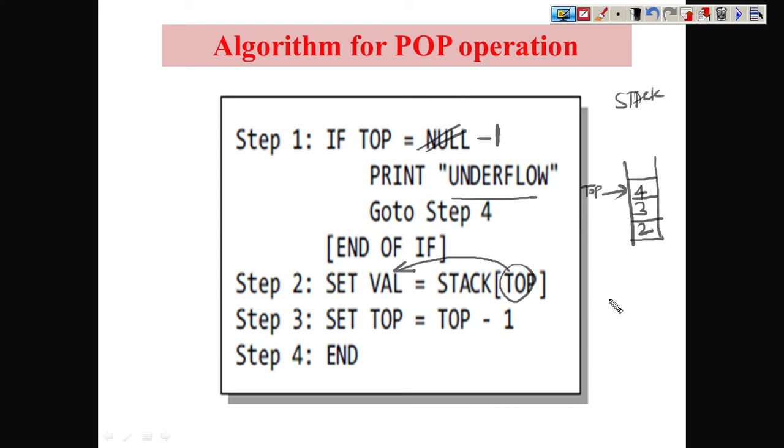If I say operation pop, pop means you have to take the value which is pointed to by the top. So you say val equals stack top. Stack top means this value. So you will take this value, and top equals top -1, and top will now point to this. So now this value is out and the top is pointing to this. This is how things are working.